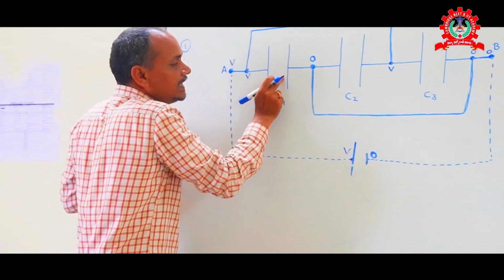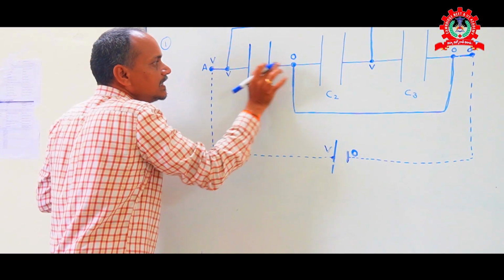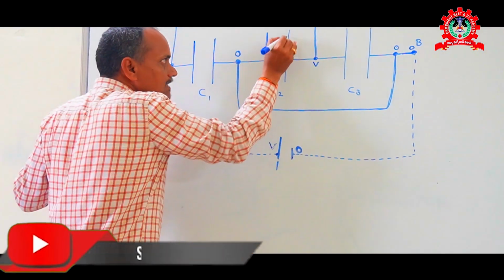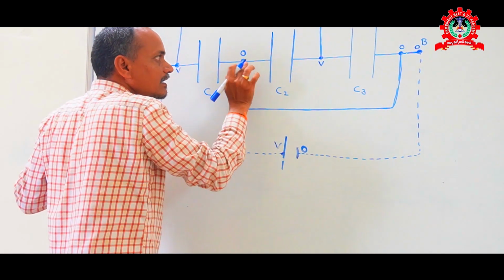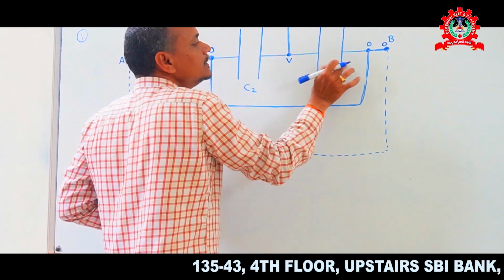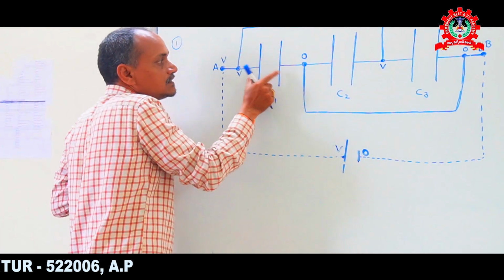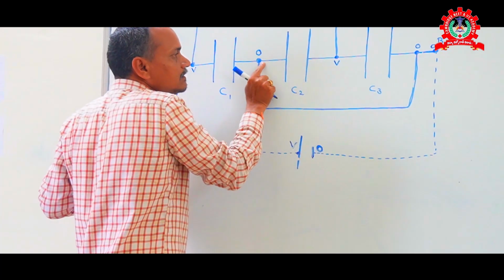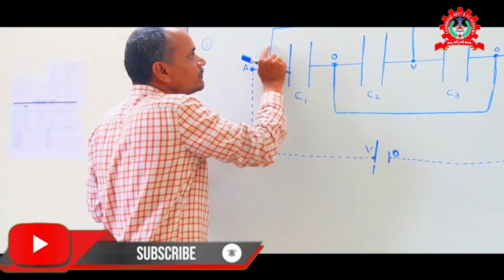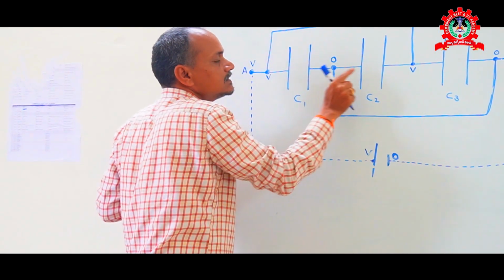Now if you see these three capacitors, across the first capacitor the potential difference is V, across the second capacitor the potential difference is again V, and across the plates of the third capacitor the potential difference is also V. That means after connecting these conducting wires, the potential across each and every capacitor remains the same.